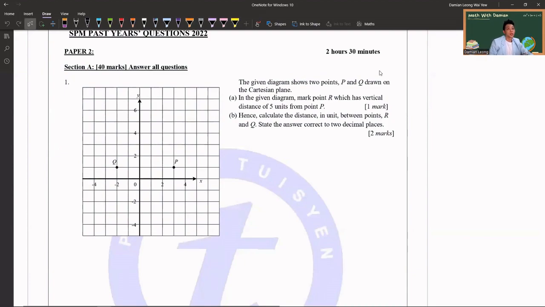So for section A, question 1. I have the diagram here showing 2 points, P and Q, drawn on the Cartesian plane.